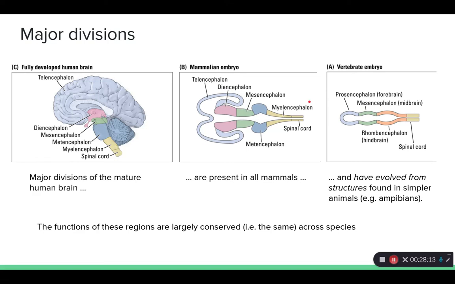And we can even do so not just in mammalian embryos, but in vertebrate embryos. We can identify most of these major parts. However, in another species, for example a bird or a reptile, we see that we don't have all of the parts.